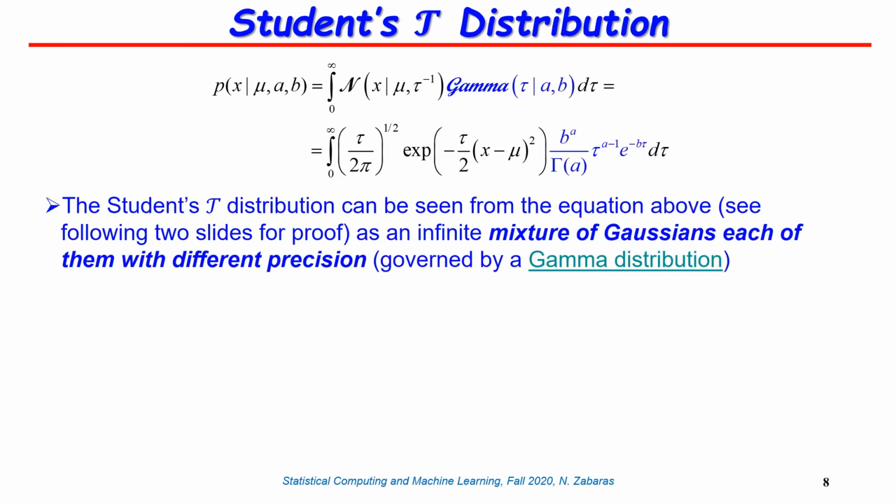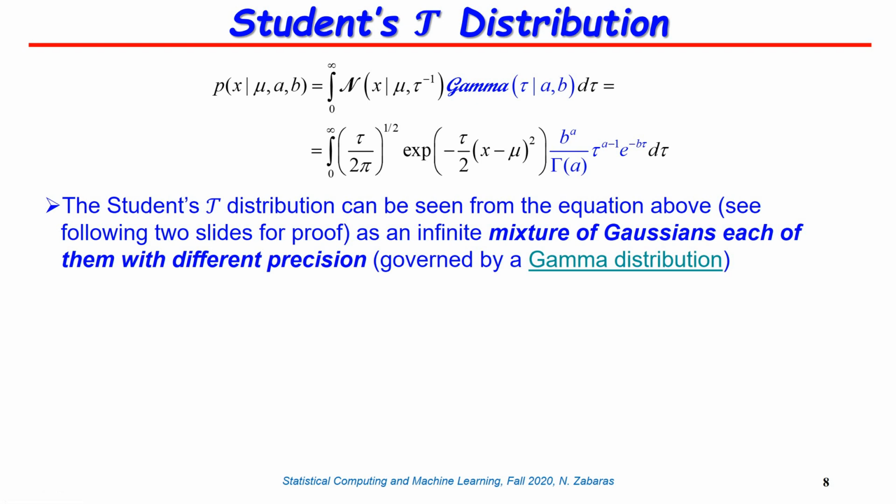All right, so you remember the student T distribution had this weird expression, and obviously somebody may ask, how did people come up with a distribution that looks so weird that we claim has significant relevance in many applications in statistics? Well, a good way to see where the student T distribution comes from is to look at the equation that you see on the top of the slide. So let me discuss a little bit what these equations mean.